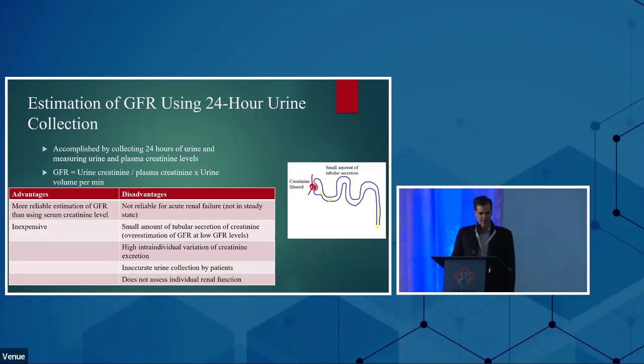So with a GFR that is very low, less than 30, the tubular excretion starts to become a more important contribution to the creatinine clearance, and that can cause overestimation of the GFR. Not to mention, there are also patient-related factors, the inaccuracy of urine collection, and it does not assess individual renal function. But it is an inexpensive test and still more reliable than just a single serum creatinine level.